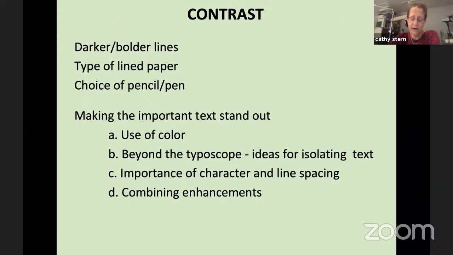I don't like typoscopes very much because they generally are a window, but the rest of the card is black. What I prefer is that the rest of the card be a very light gray so that it does block the other print, but they know that it's there. The other thing is we tend to use it where we keep the window at the top and have everything below it blacked out.